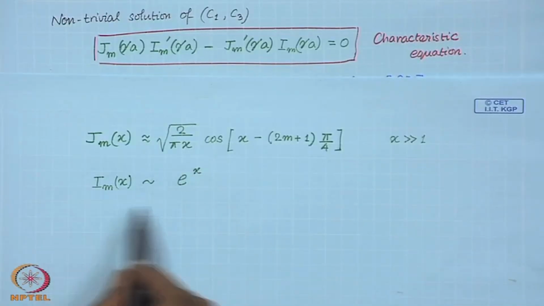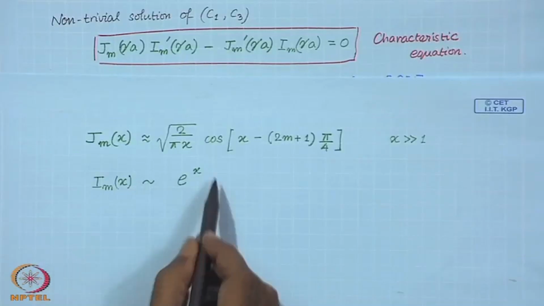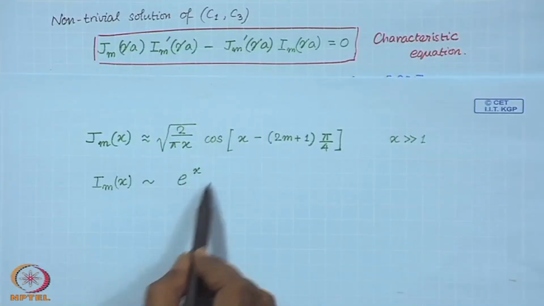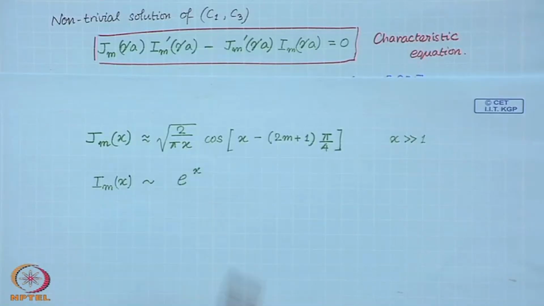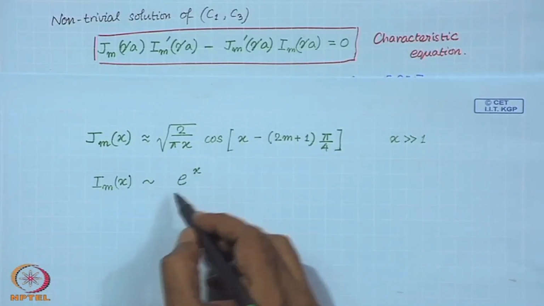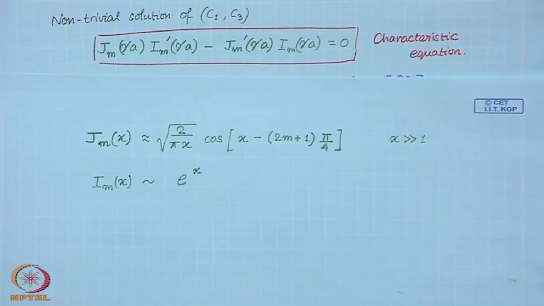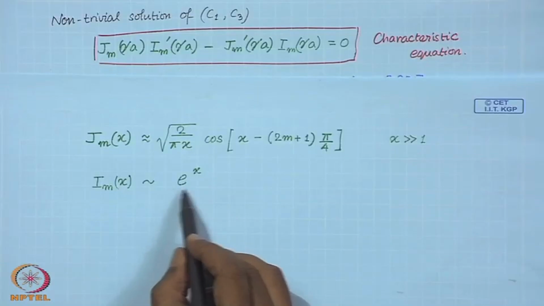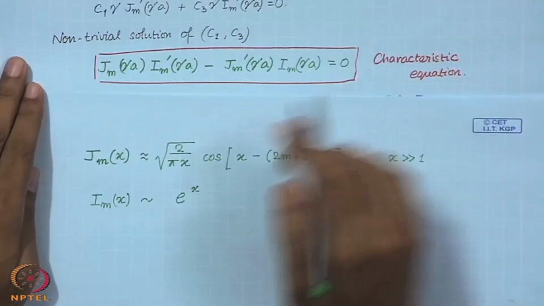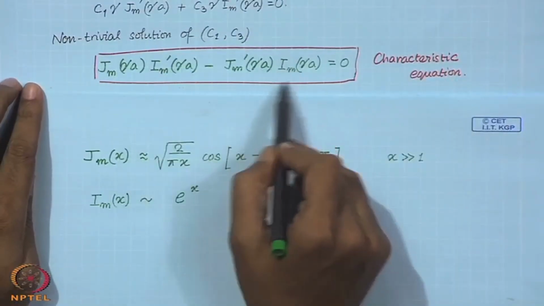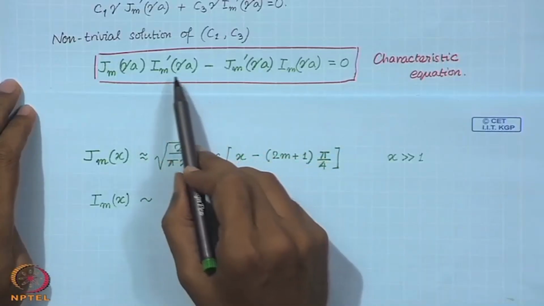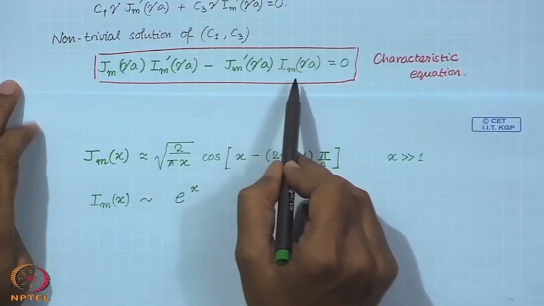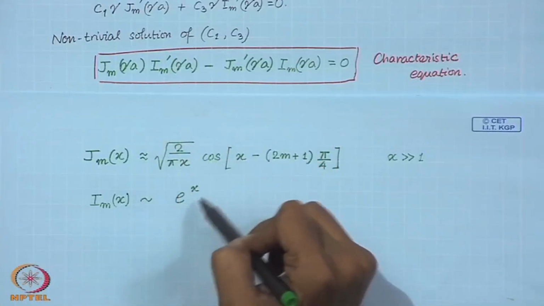So, this function is dominated by this increasing function. So, the slope of this therefore, is also some function of x times this exponential function. Now, for large arguments of this modified Bessel function I, this derivative as well as the function itself are like exponential.